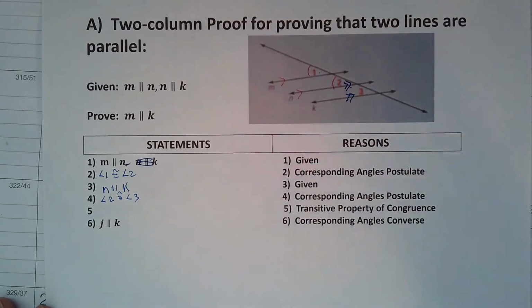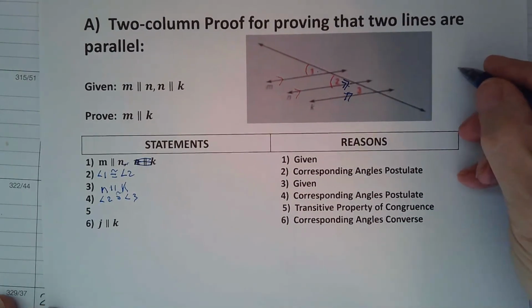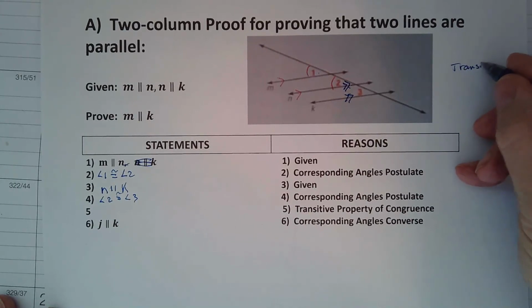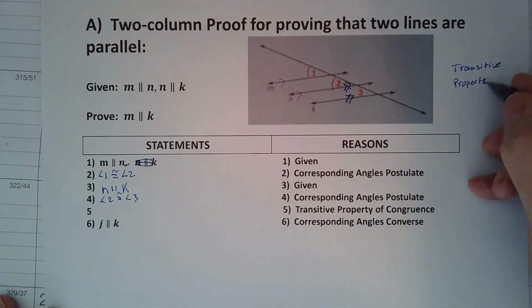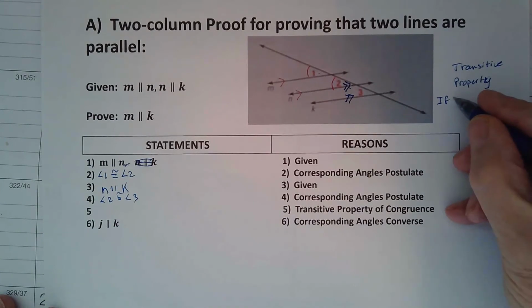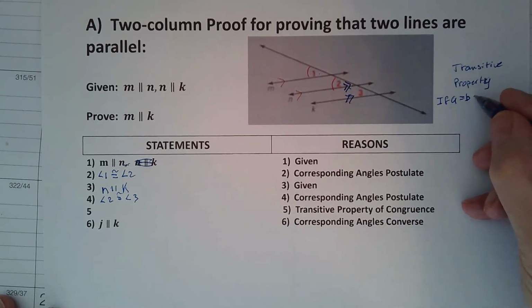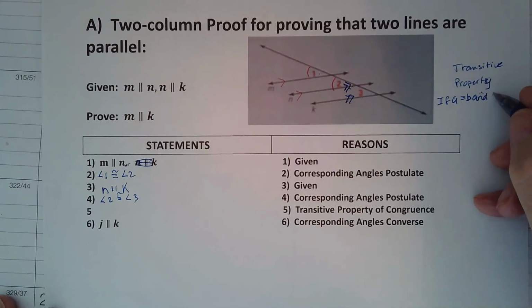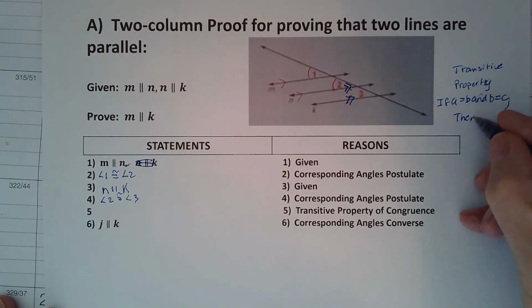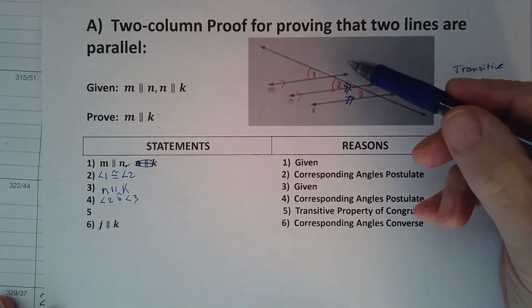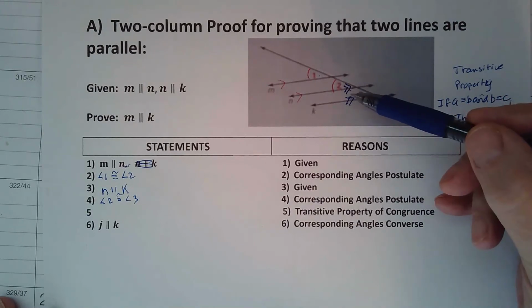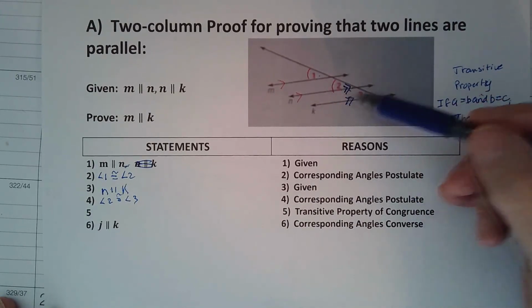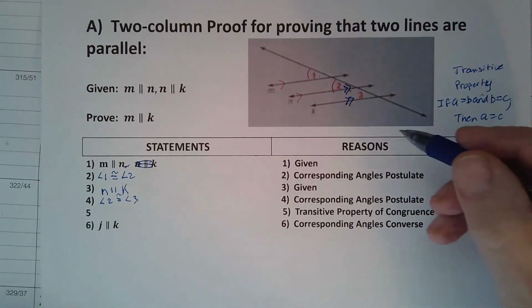And basically algebra says, and this is transitive property, if A equals B and B equals C, then A equals C. So if M equals N and N equals K, then M equals K. So that's transitive property.